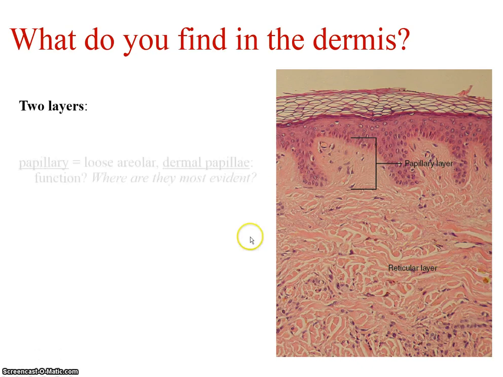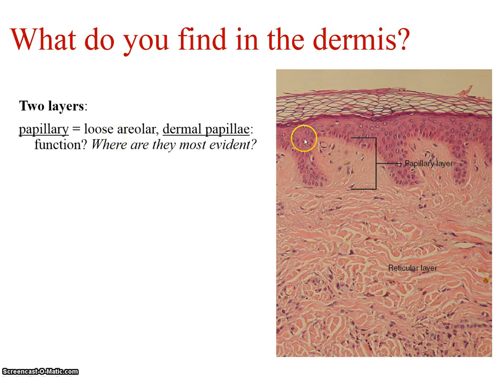All right, so loose areolar, its function is really to allow the blood vessels and some of the sensory stuff to be able to be positioned here, so it gives them kind of some space, some room.